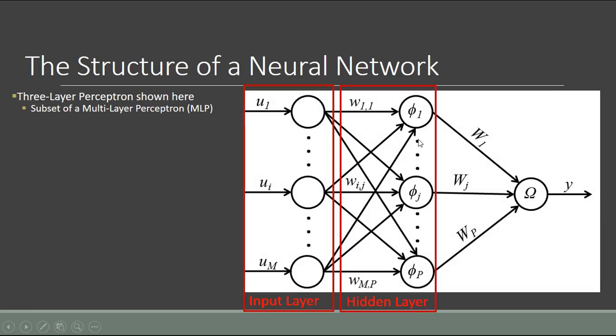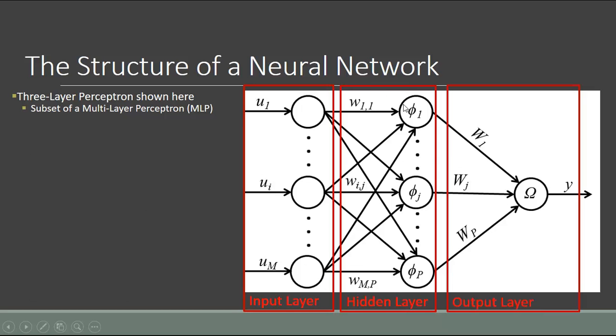This hidden layer contains these activation functions, and I'll explain more about what the activation functions do and what they look like. But basically, a lot of the real data that's learned by this model is stored in the parameters that are associated with these activation functions. And then finally, you have an output layer.